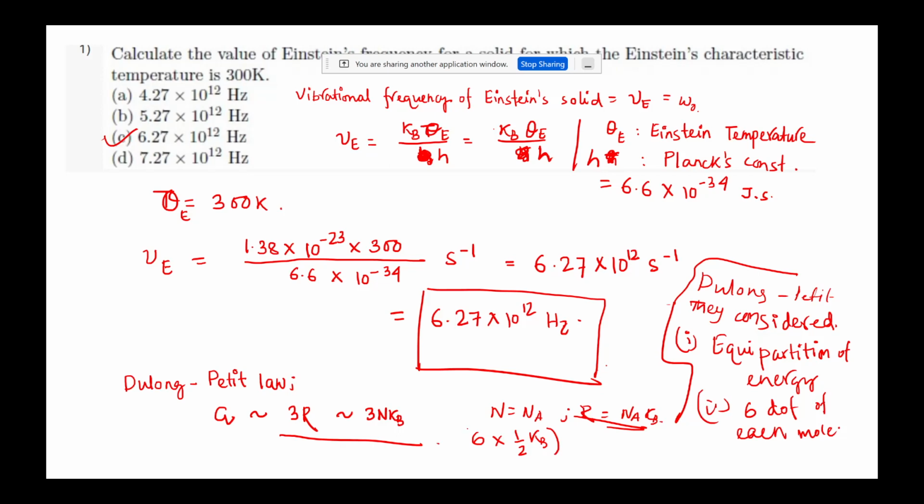This is for each molecule, and there are N molecules. If you do the calculations, this comes out to be 3N kB.